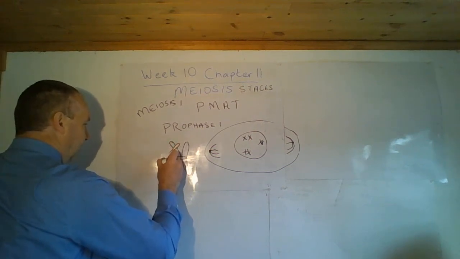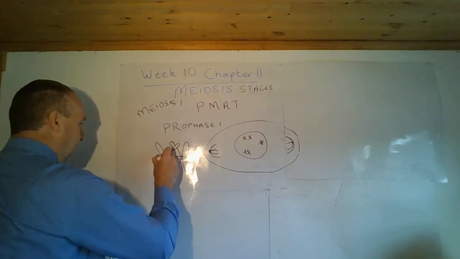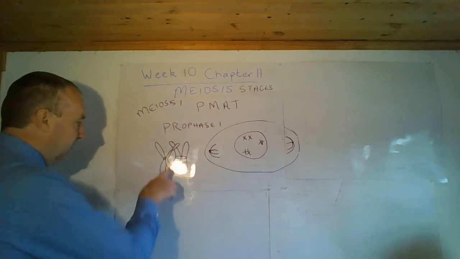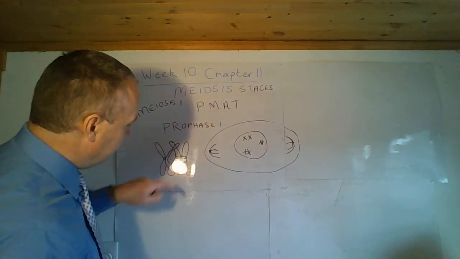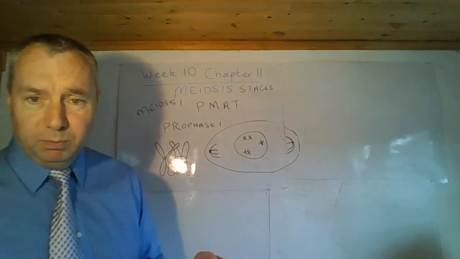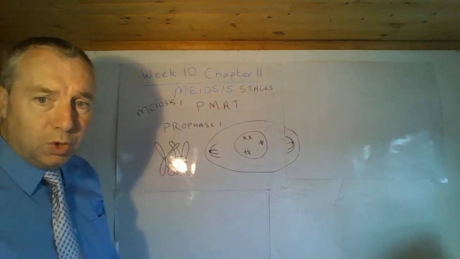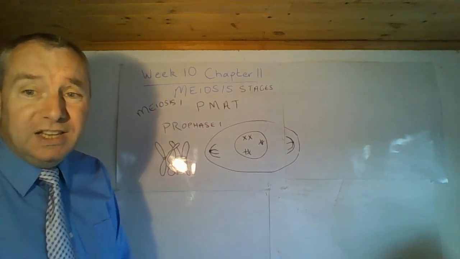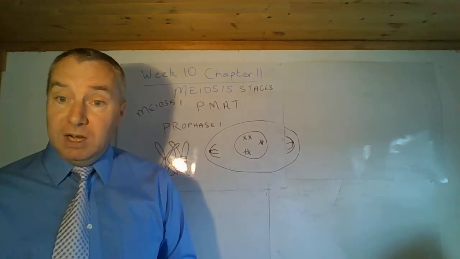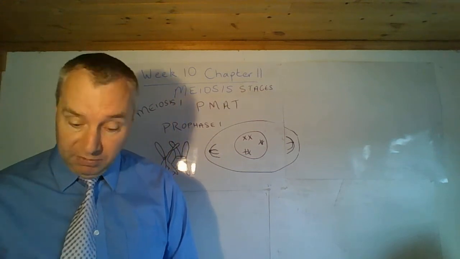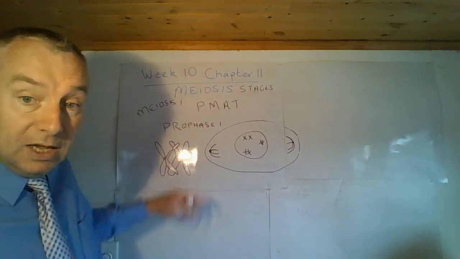It's kind of like a lazy flopping over, and as a result, some of the genetic material on this chromosome gets deposited on this one, and you get a swap of DNA between the two chromosomes during crossing over. Prophase 1 is the only time that crossing over occurs, but it is important because it leads to an increase in genetic diversity, because these two are now not the same as they were before. They have different DNA.